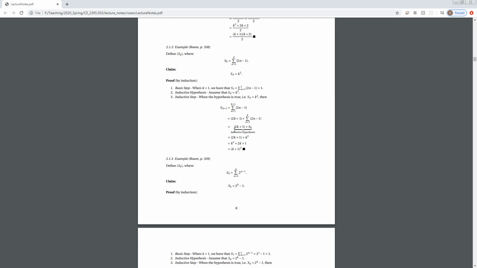It's a necessary part of the inductive step. And so we can make that algebraic substitution following our assumption, right?